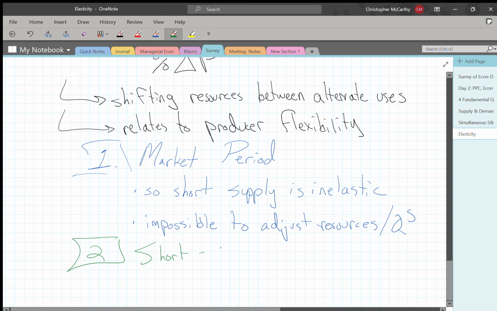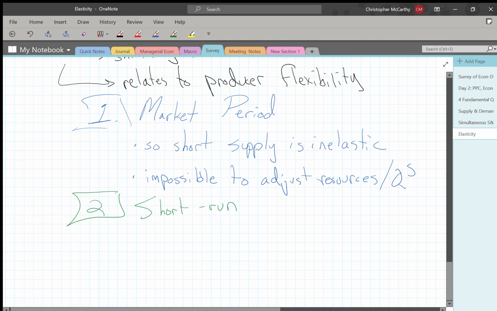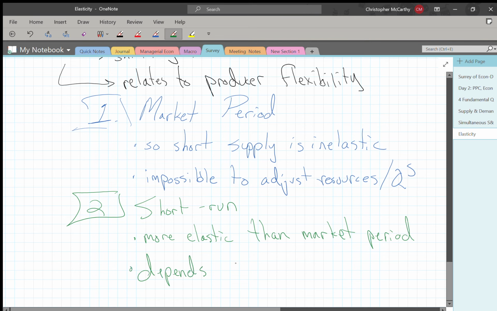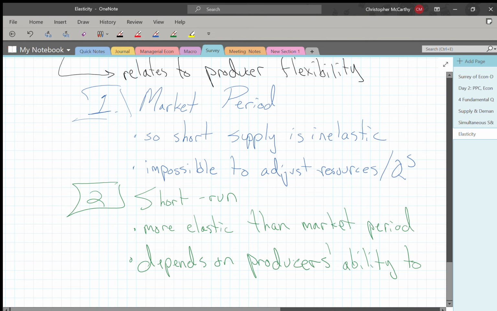Short run. So this is more elastic than the market period. And it depends on the producer's ability to respond to price changes.